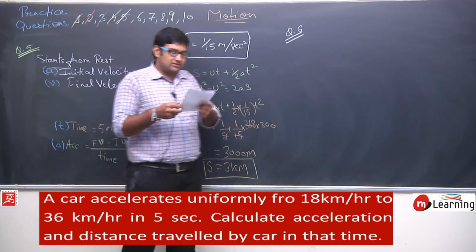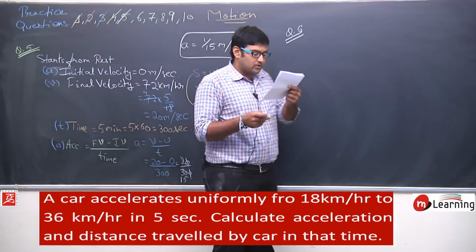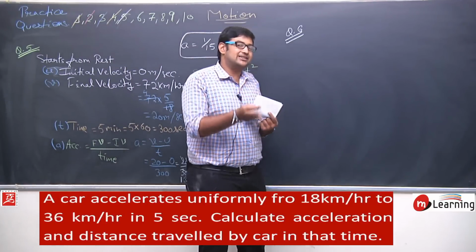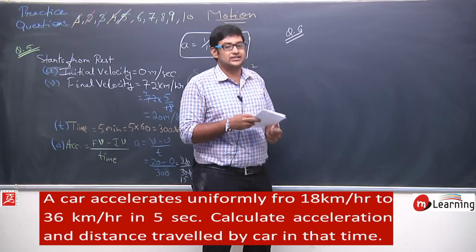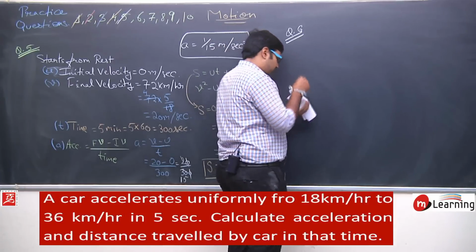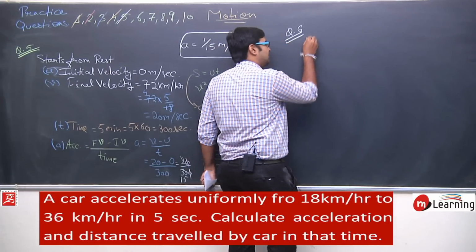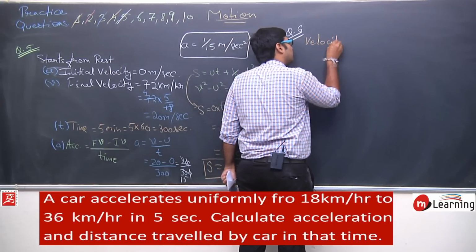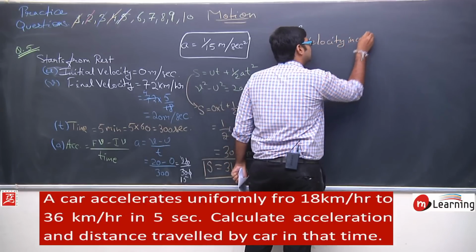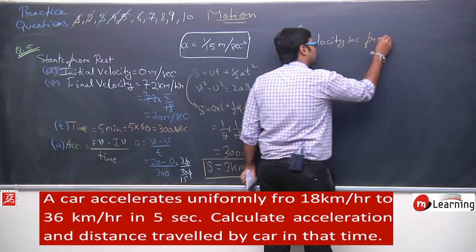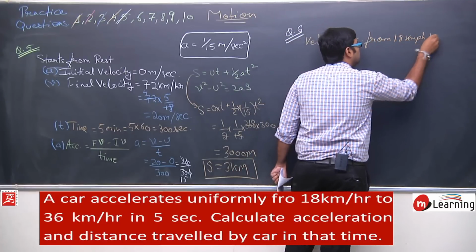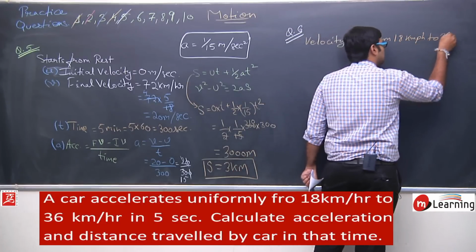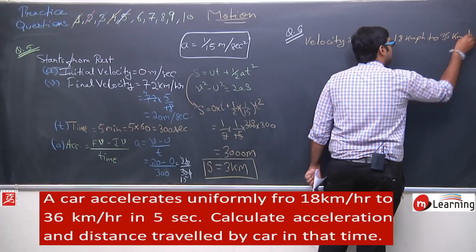So in this question, what is given? The car accelerates from 18 km per hour to 36 km per hour uniformly, means with a constant acceleration. So velocity increases from 18 km per hour to 36 km per hour.